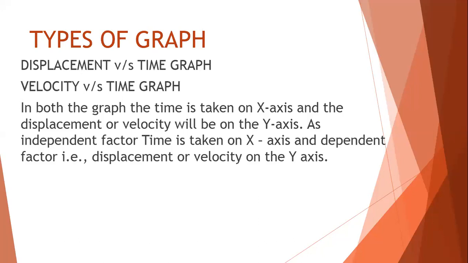In displacement and time, time is an independent factor. How is time an independent factor? Time may keep on moving on and on. So time does not depend on displacement. But for any object to move from one place to another, it takes some time.